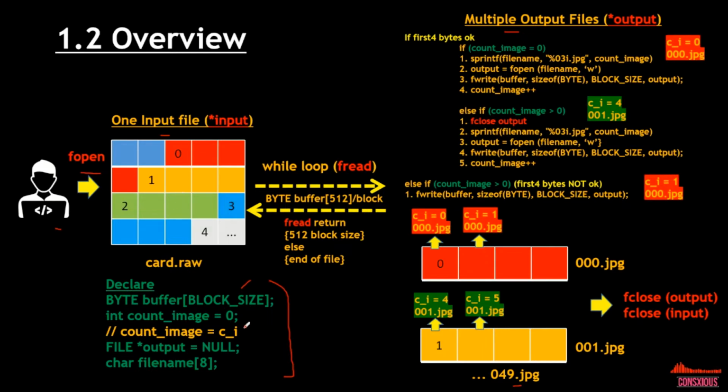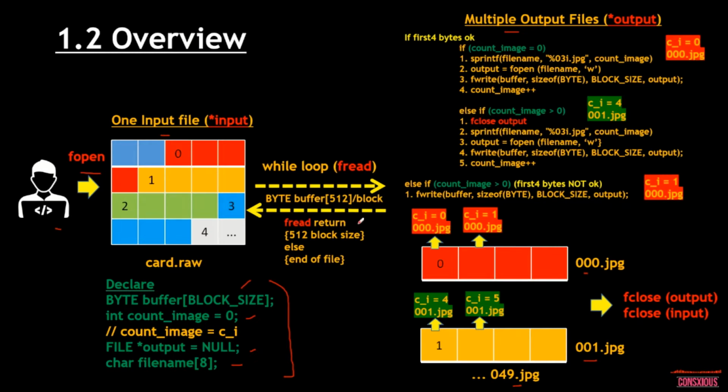We have to count the images to generate the file numbers, so we declare count image equals 0, short form CI. It's always good practice to declare the pointer equal to NULL: asterisk output equals NULL. Next, we declare the char filename array of 8. We'll discuss this in more detail later. After declaring this, we're going to fread block by block.